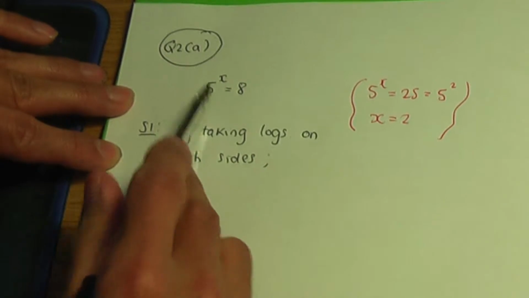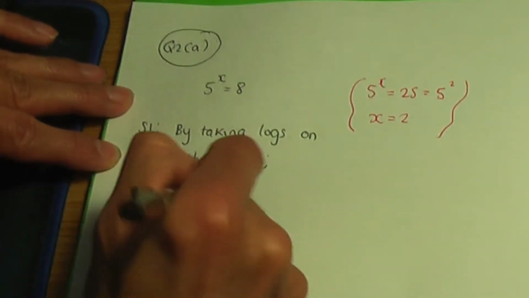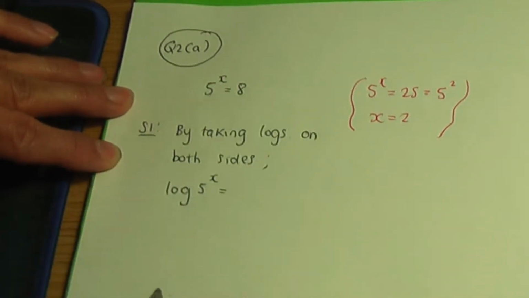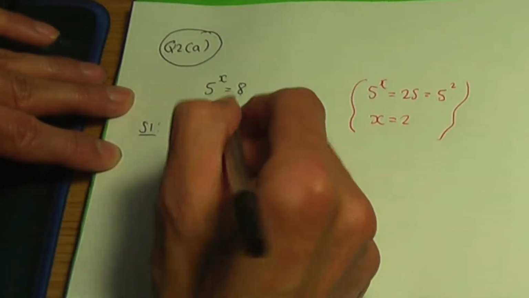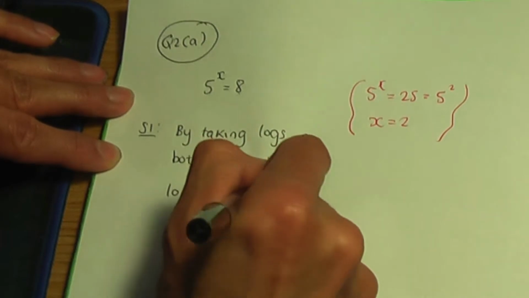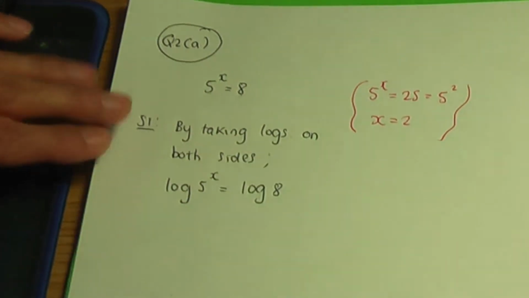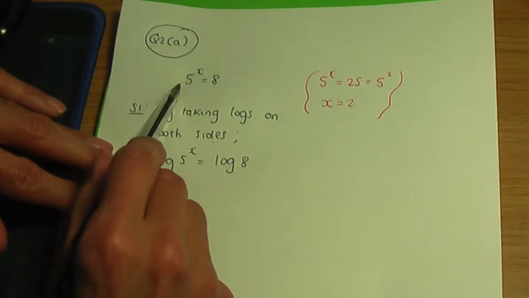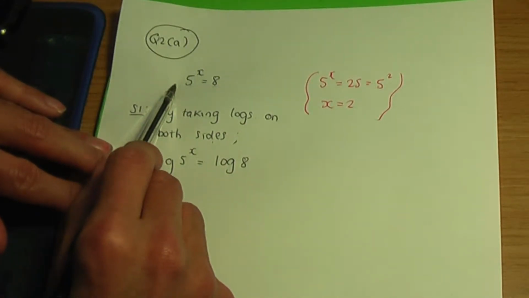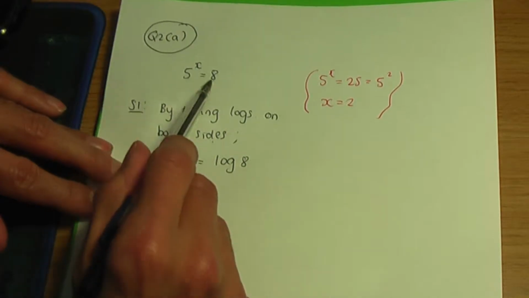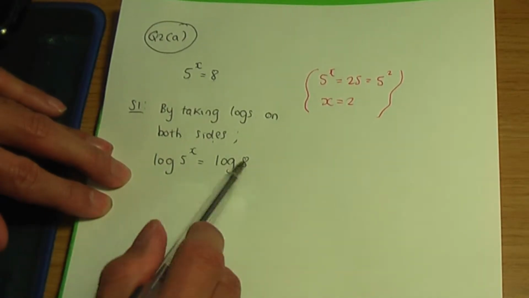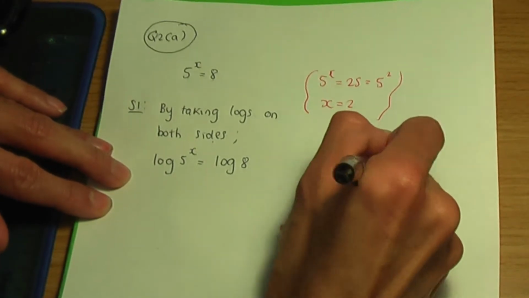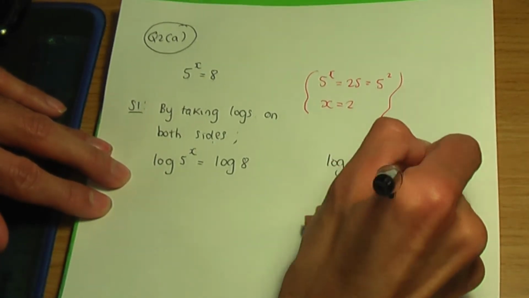By this I mean writing log in front of the left hand term 5 to the power of x, and we also write down log in front of the right hand term, which is 8. So by taking logs on both sides, write log or ln in front of the left hand term, write log or ln in front of the right hand term. So log is short for log to the base of 10.